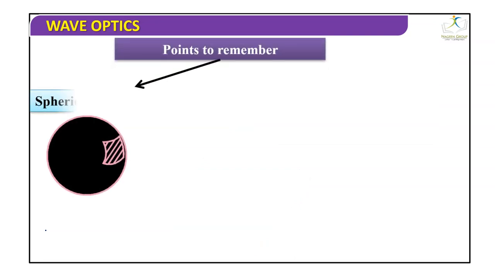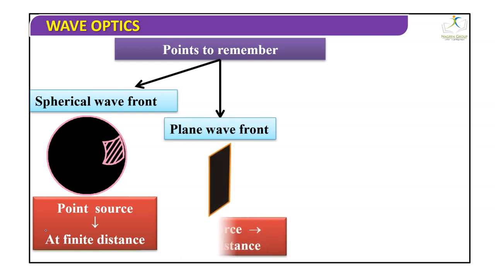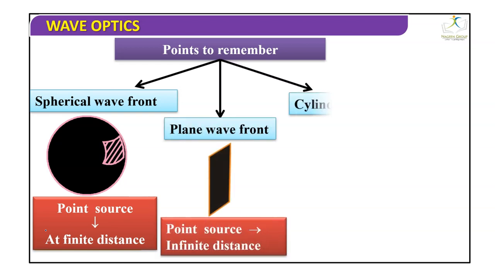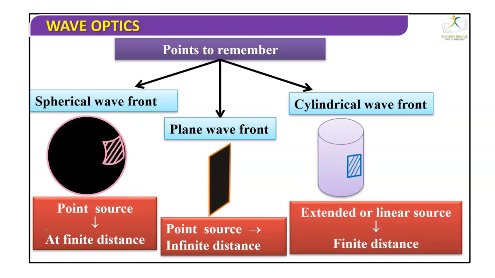Points to keep in mind: spherical wavefront comes from a point source at a finite distance; plane wavefront from an infinite distance; and cylindrical wavefront forms from an extended or linear source at a finite distance.